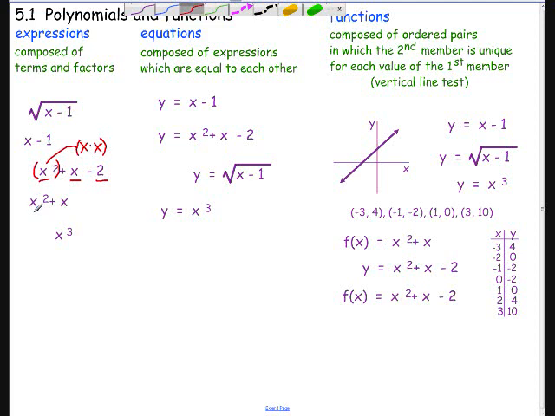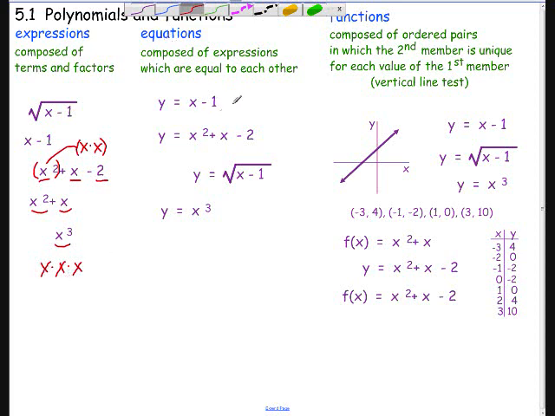Same thing's true for here. I have two terms, and inside of one term I could visualize these two factors. What about this one? I have one term, and if I were to think about it as x times x times x, I would see I actually had three factors.